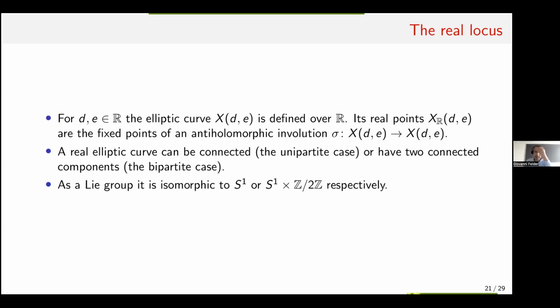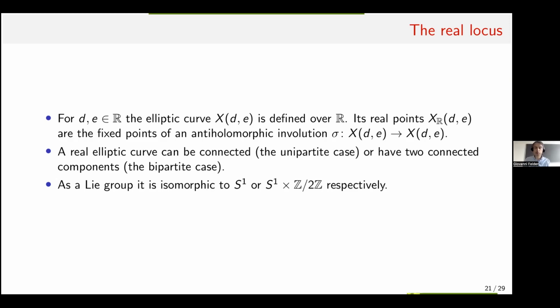Now, maybe one question is, when is this X_{D,E} non-empty? And the other question is, what does it look like? It's an elliptic curve, so it is a group. What is it as a Lie group? We have two possibilities. A real elliptic curve can have two connected components or just one.